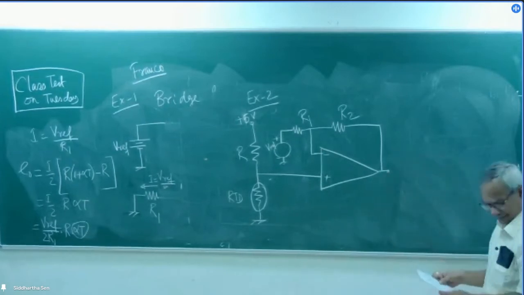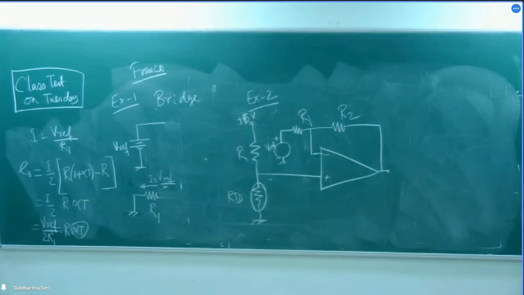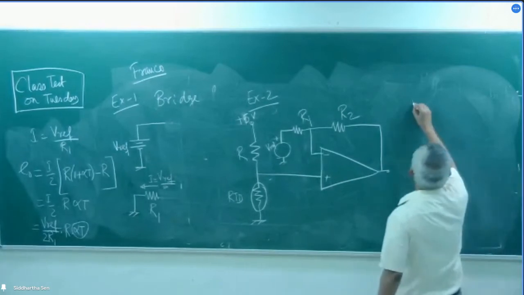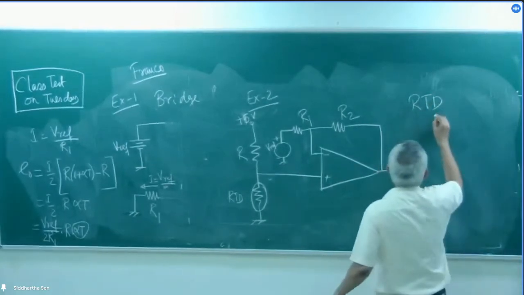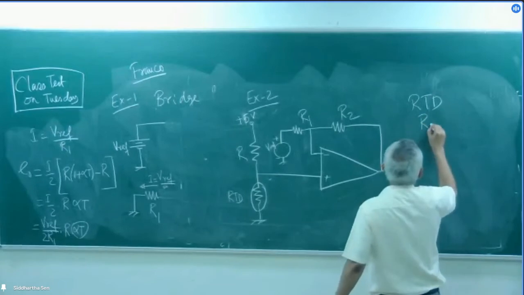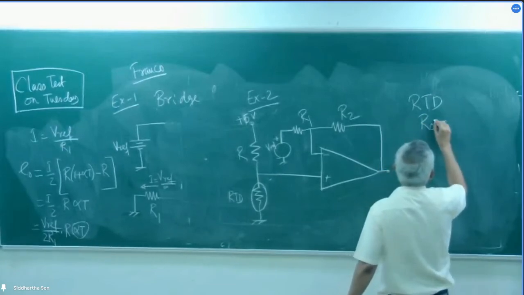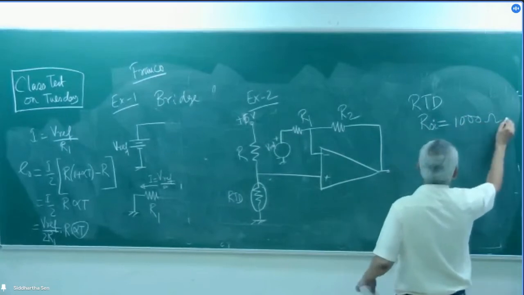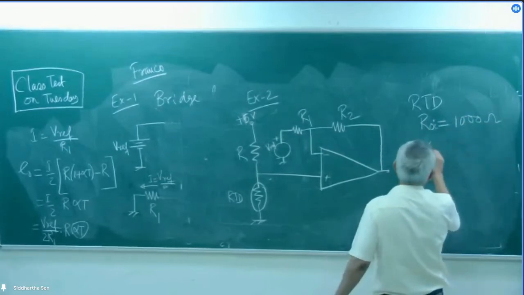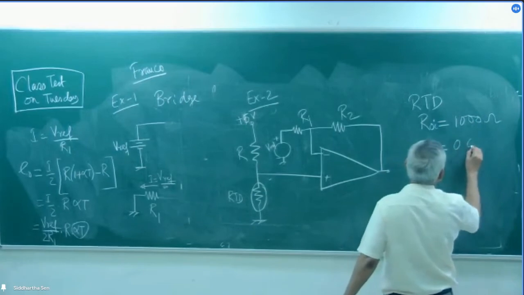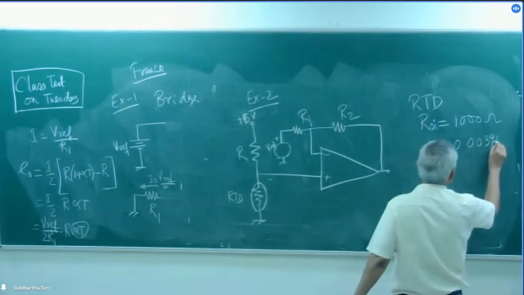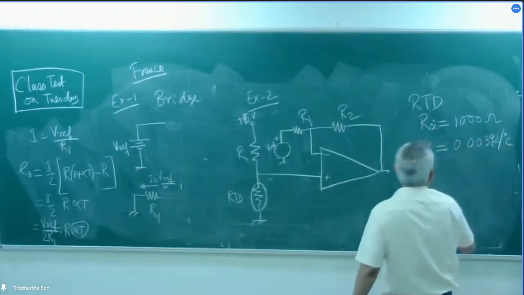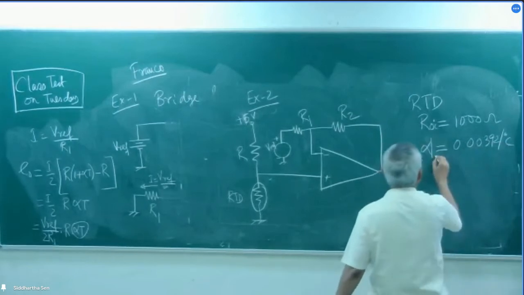What we can say is that this RTD is R at 0 degrees Celsius equal to 1000 ohm. It is platinum, with alpha at 0 degrees of 0.00392 per degree Celsius.